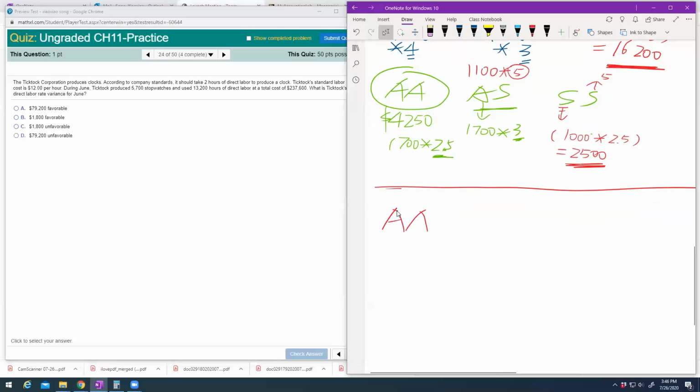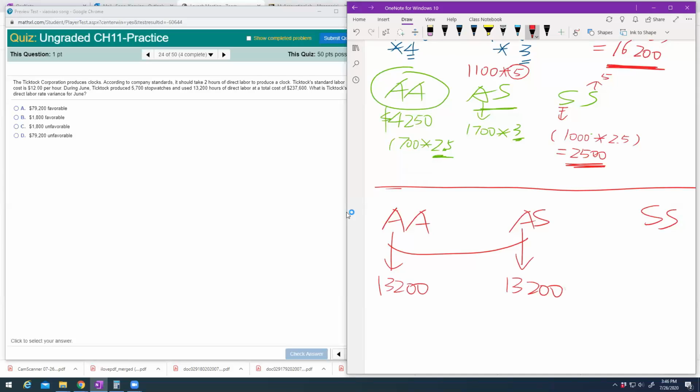We still put actual, standard, and then standard. Let's look at this one, asking about your rate variance. According to it, it should take 2 hours with the standard labor cost. You actually used 13,200, and the total cost was 237,600.